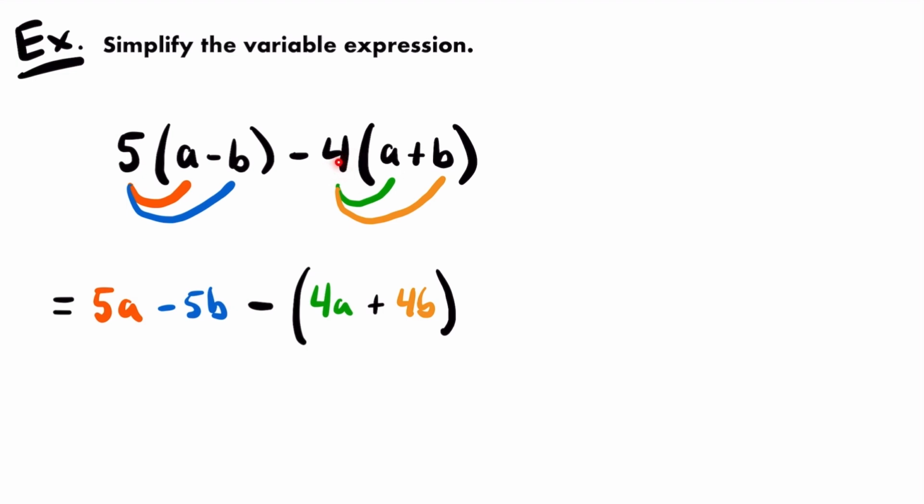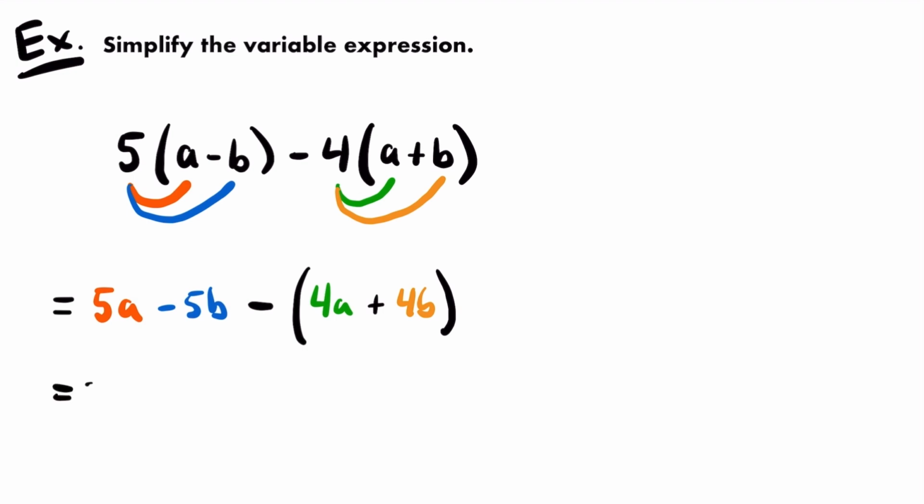Okay, so we multiplied 4 by both of those values, but we did not include the negative sign, so it still stays outside of those 2 terms, and so now we can take care of that negative by doing the distributive property again. But remember back to what I said in an earlier example, if you have a negative sign in front of a set of parentheses, distributing that negative is as simple as just changing the sign of each term inside the parentheses.